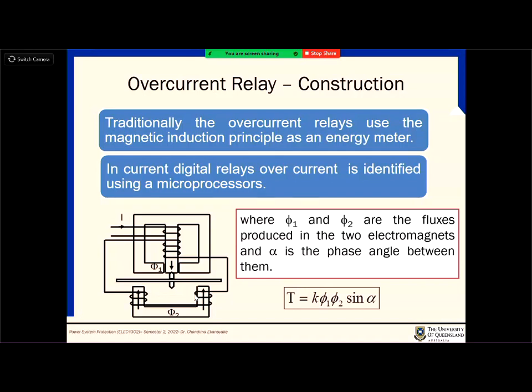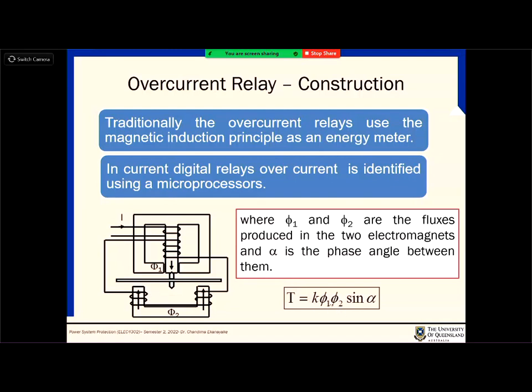The concept is that it has a disc and a spindle here. The disc rotates based on the magnetic fields produced by these two cores, and then the torque on the disc depends on these current magnitudes.